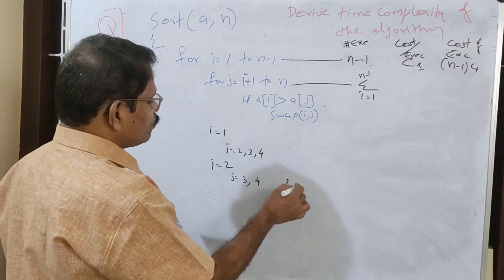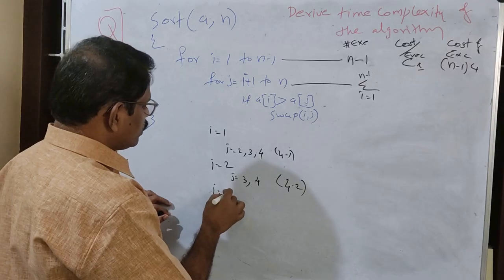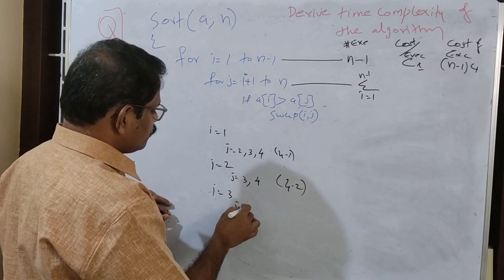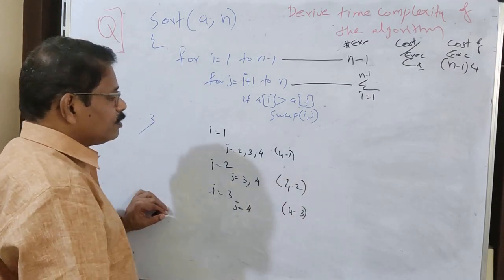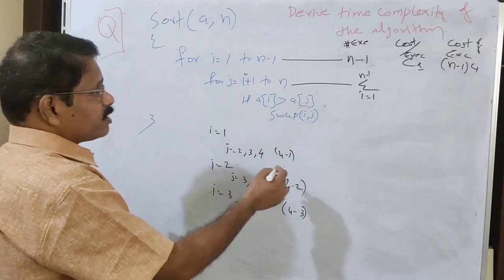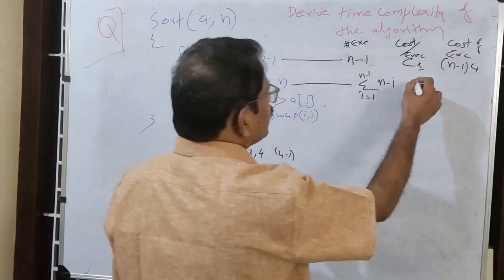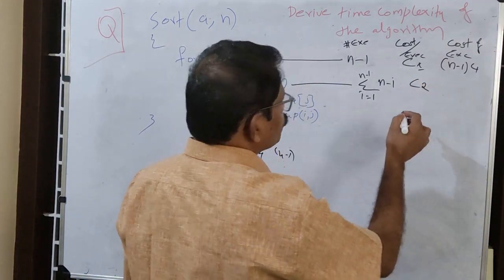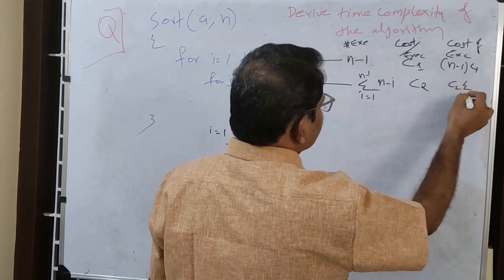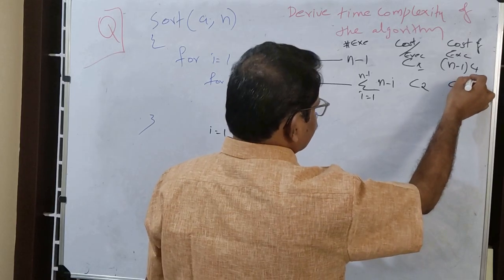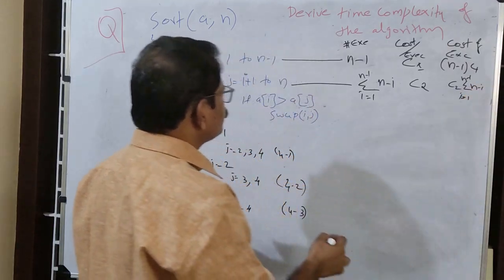This is 4 minus 1. When I equals 3, j is equal to 4 only once. It is 4 minus 3. In general we can write it as sigma n minus I. Let the cost per execution be C2. So it will execute C2 into sigma I equals 1 to n minus 1 of n minus I times.